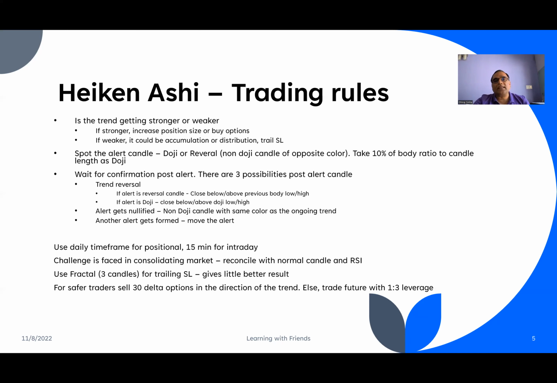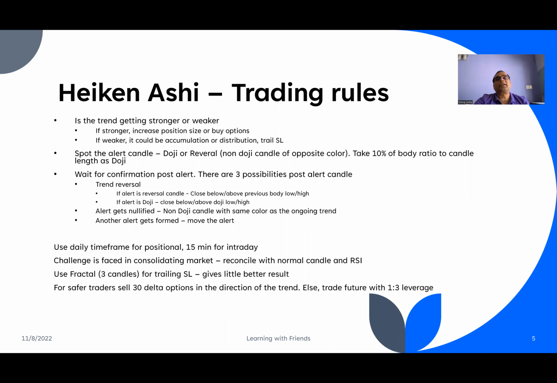Now the next candle that gets formed, if that is also a red candle and the close is below the body close of the previous alert red candle, then we get a confirmation. So the rule is the close in a short trade, the close below the body close of the reversal candle.